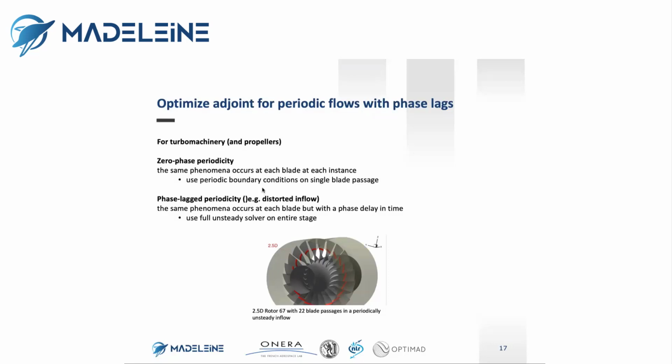But NLR enhanced this strategy even to flows where there is a phase lag between adjacent blade passages. So what is happening in one blade passage is exactly the same thing that happened in the previous blade passage some time ago.